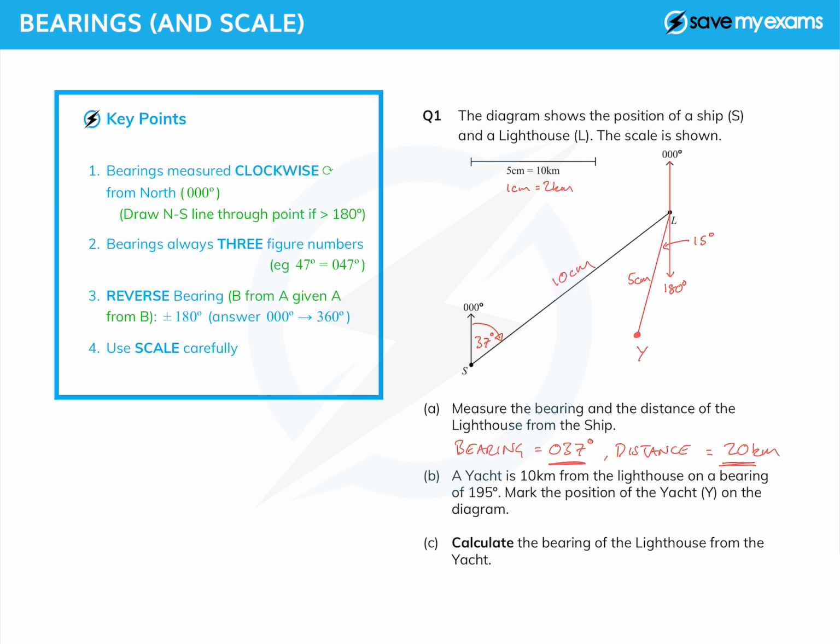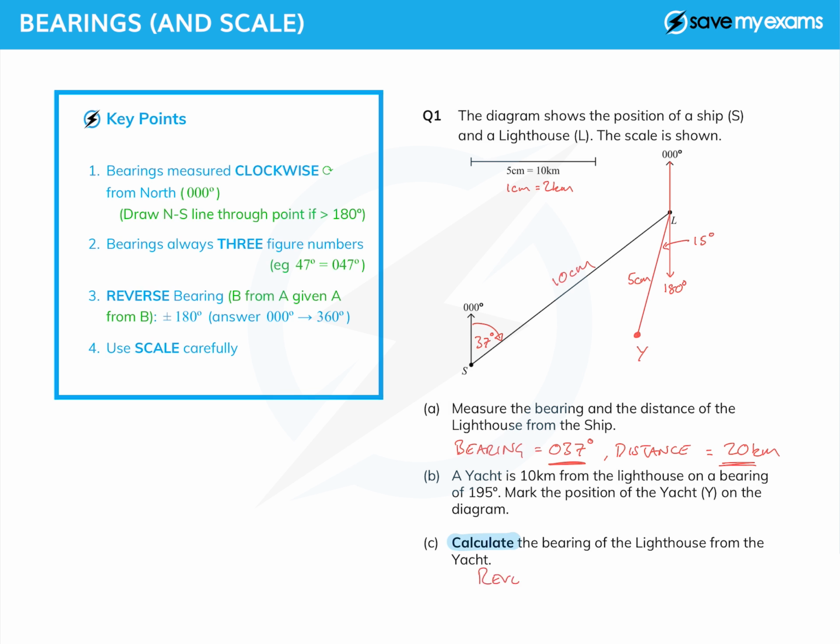correctly. And then it says, and it's in bold, calculate the bearing of the lighthouse from the yacht. So don't measure it on the diagram, you actually need to calculate it. And this is the reverse bearing we were talking about.